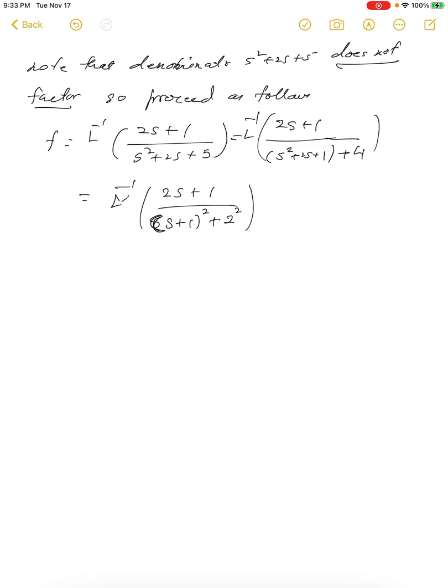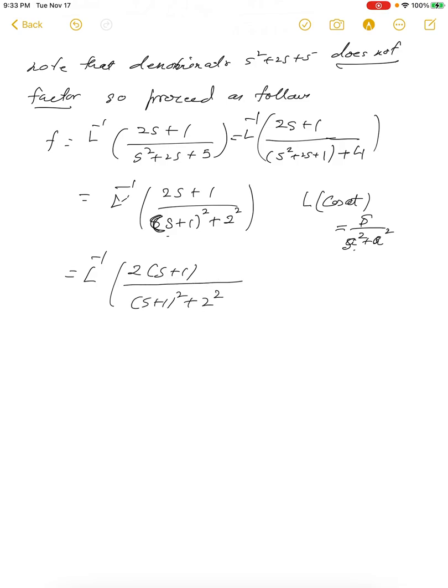Now you should recall that Laplace transform of cos at is s over s square plus a square. So this expression should tell you that if you had s plus 1 on the top, so let me rewrite this by writing 2 times s plus 1 over s plus 1 square plus 2 square.